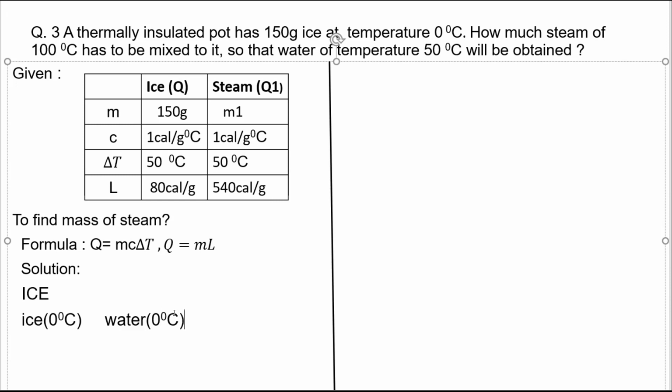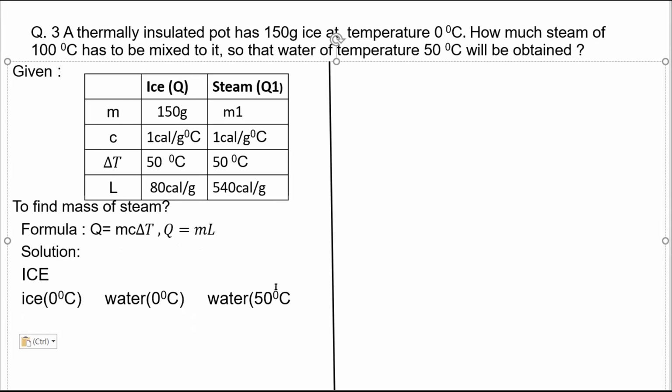Now water at 0 degree Celsius will get converted to water at 50 degree Celsius. So here we will put an arrow mark. Ice at 0 degree is converting to water at 0 degree. Then water at 0 degree Celsius will get converted to water at 50 degree Celsius.